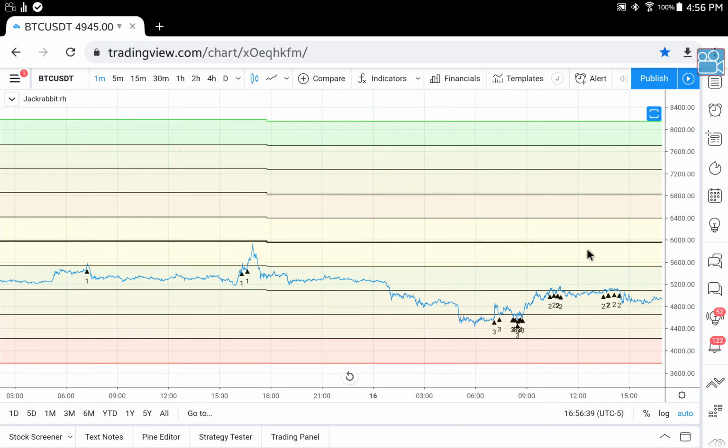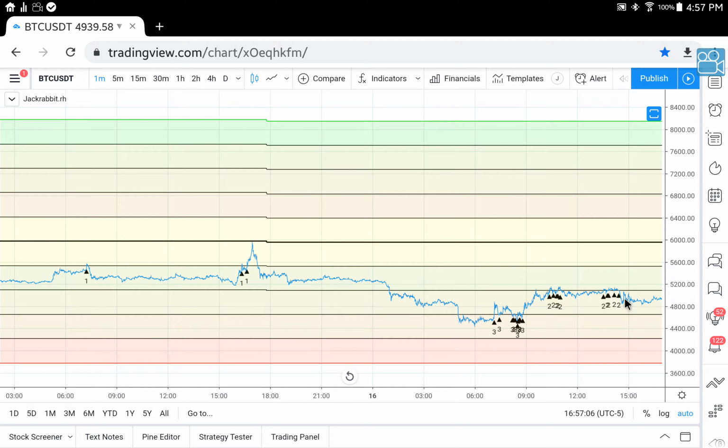Now these price channels have different layers. For example, here is the first price channel, the second price channel, the third price channel, the fourth price channel, and the fifth price channel. It is extremely rare when the price gets down to this level.